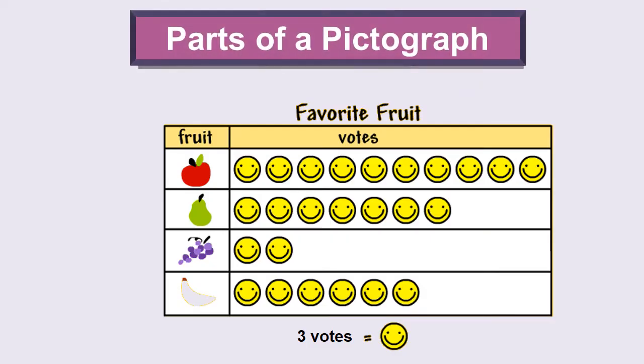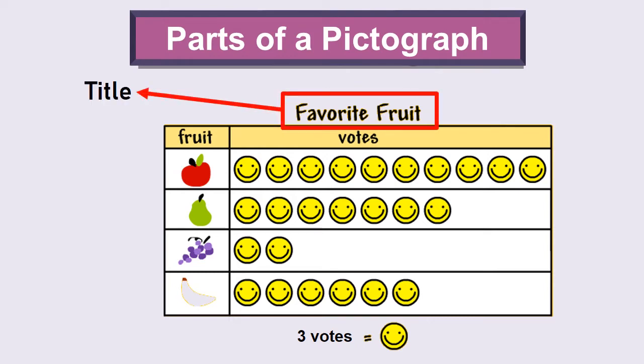So what are the parts of a pictograph? First, we have here the title. The title gives an overall description of what your pictograph is all about. Second, we have here the categories. The categories present what specific type of item is under the survey.